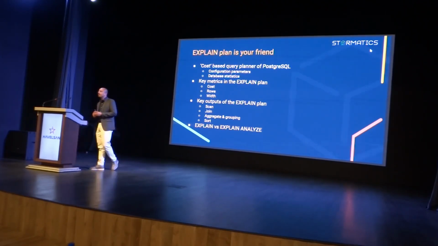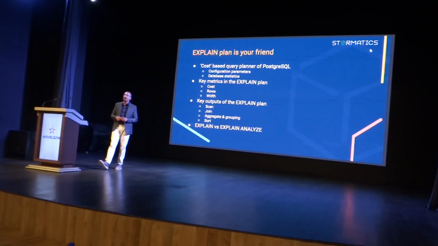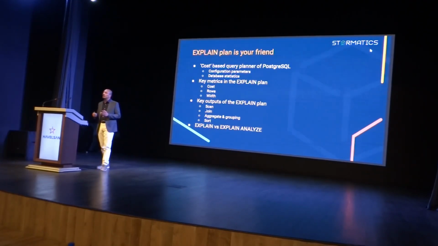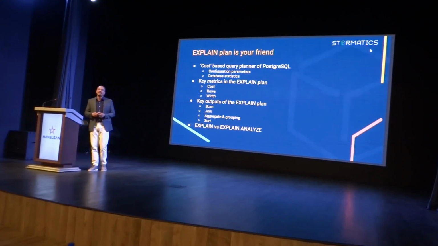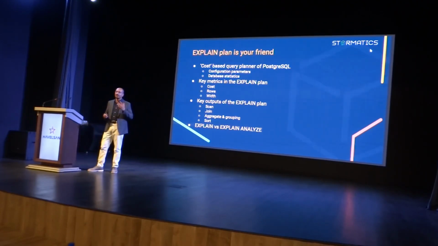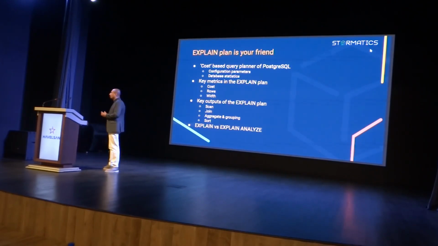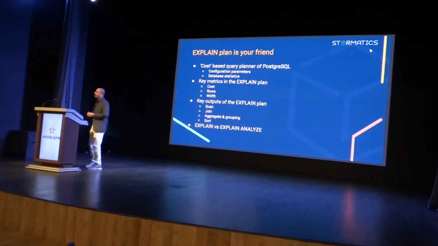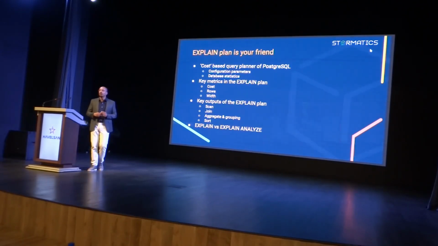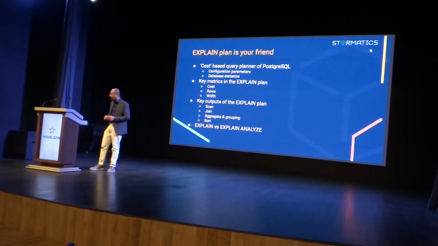It relies on a few configuration parameters in the Postgres config files, and it also leans on some statistics that it gathers for the tables that store the data. And based on what it sees, it calculates the best way to execute a particular query. I'll get into a little bit more detail on what exactly an explain plan looks like in just a minute.